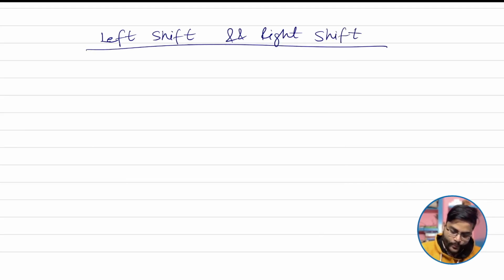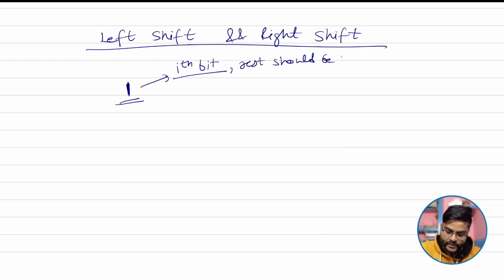How can I do that? We have studied about left shift and right shift, right? So if I take one, and I want to put one at the ith bit and the rest should be 0, how can I do that?